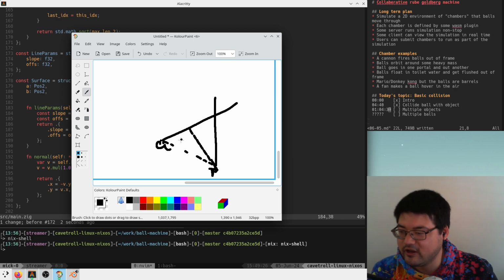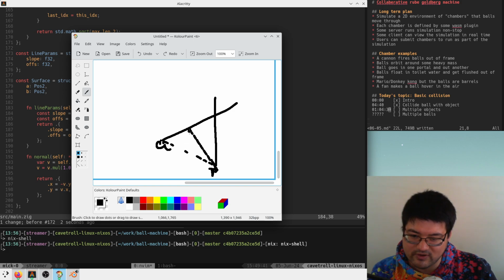Yes. Okay, so you're saying you have this divided by the dot product of the normal over the normalized velocity vector. So the normalized velocity vector in this case is like this.